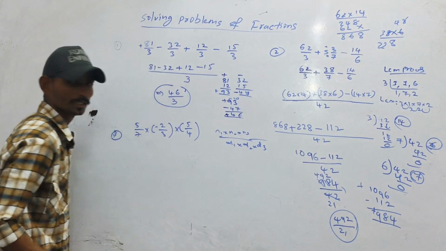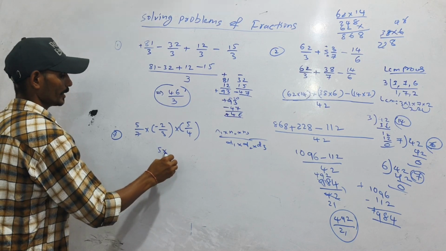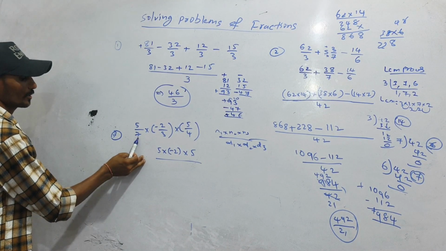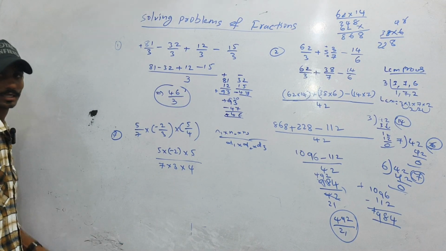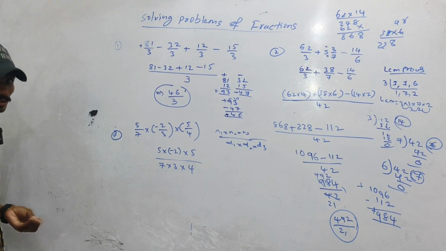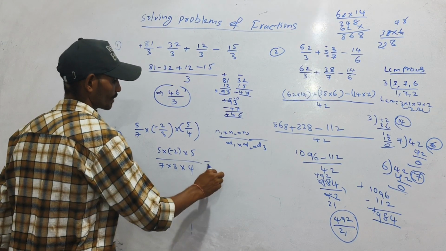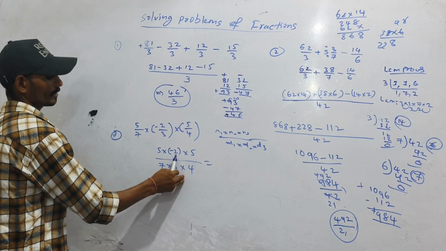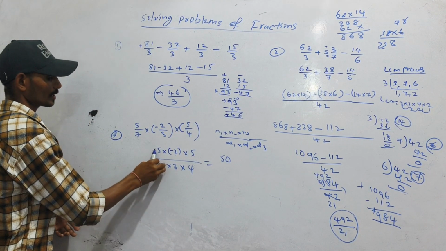So the numerators are 5 into minus 2 into 5, and the denominators are 7 into 3 into 4. Just follow numerators into numerators, denominators into denominators. So multiply: 5 twos are 10, 10 fives are 50. Here there is a negative sign in front, so there is no sign.